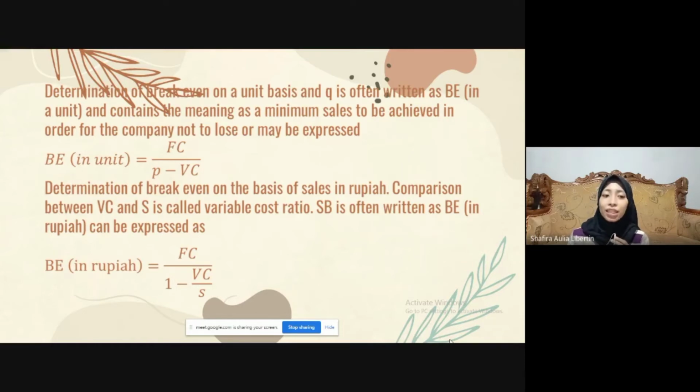The second is determination of break-even on the basis of sales in rupiah. This is the comparison between variable cost and semi-variable cost, or the variable cost ratio. BE in rupiah is expressed as fixed cost over 1 minus, in the bracket, variable cost over semi-variable cost.